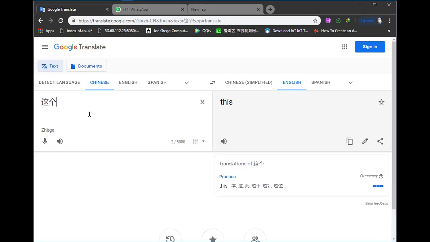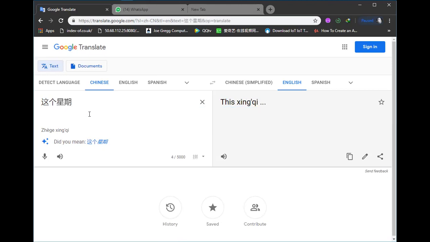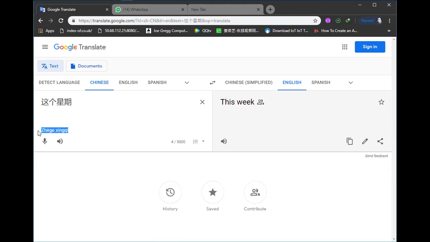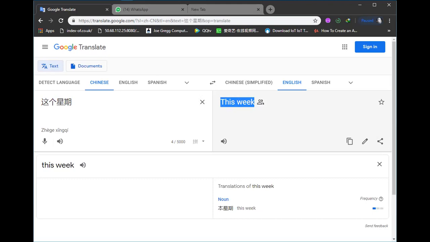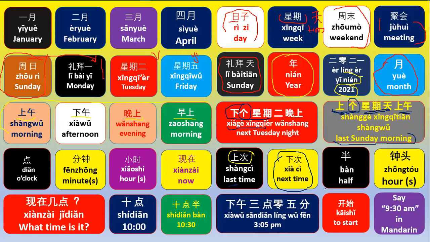Now we add the word for week: 这个星期. That's this week. It's not easy, but it's okay. So that's how we construct them all together.